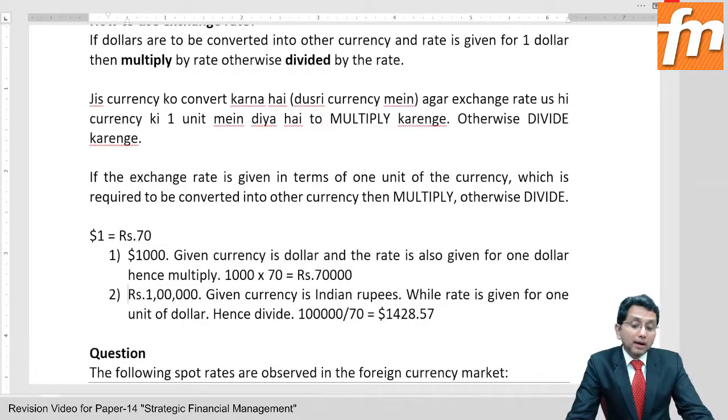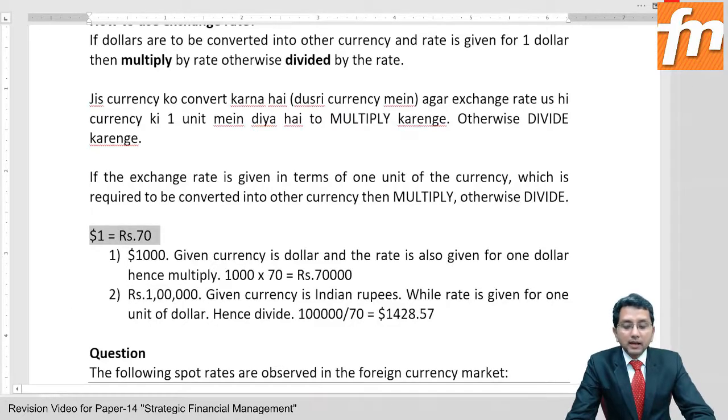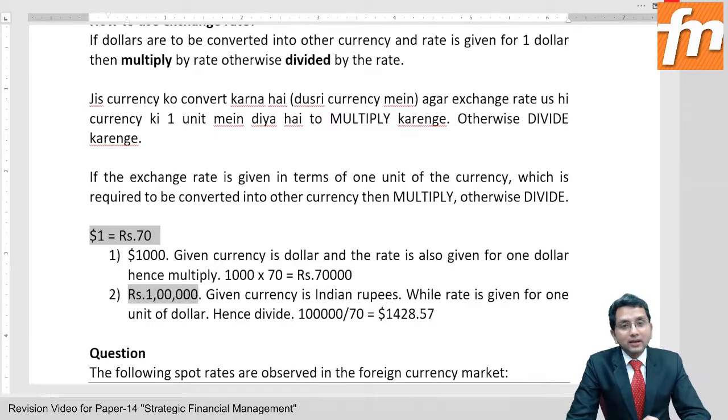But on the other hand, with the same exchange rate, $1 equal to rupees 70, now suppose you have 1 lakh rupees and you want to convert it into dollars. The given currency is Indian rupees, 1 lakh. If the exchange rate is given for 1 rupee, multiply by the rate.